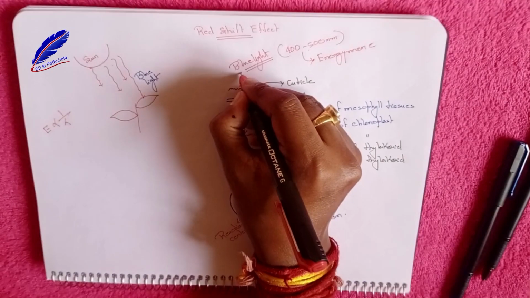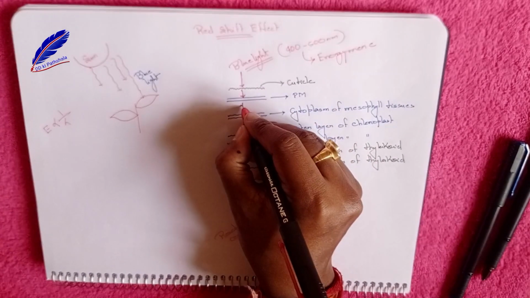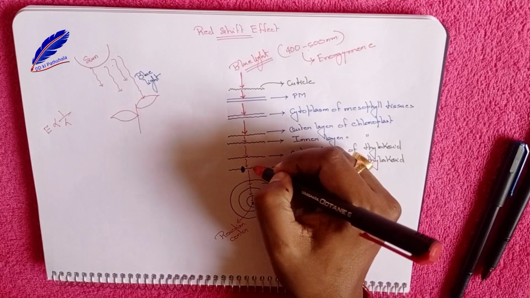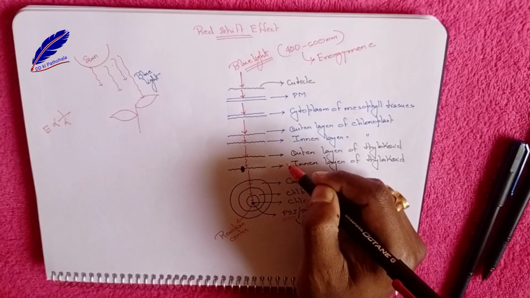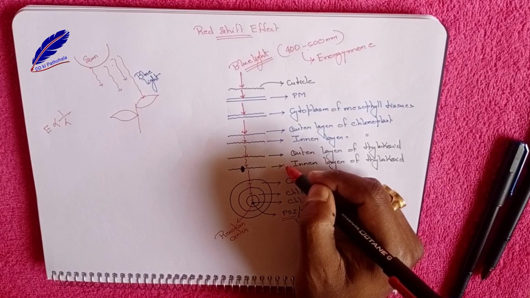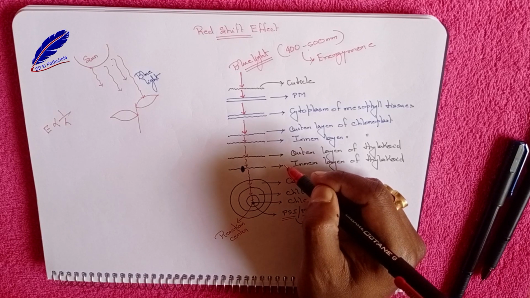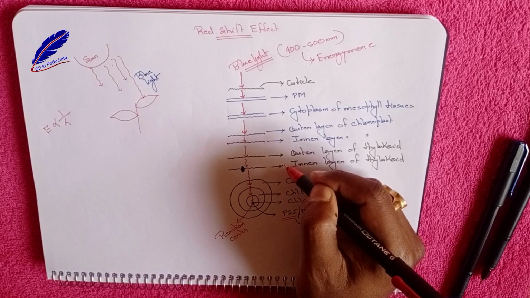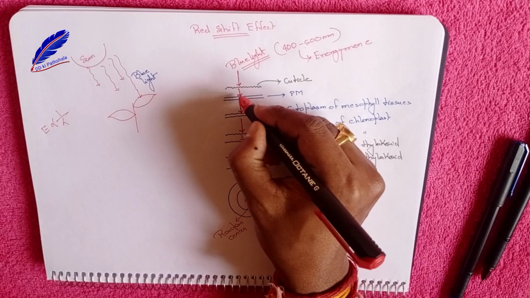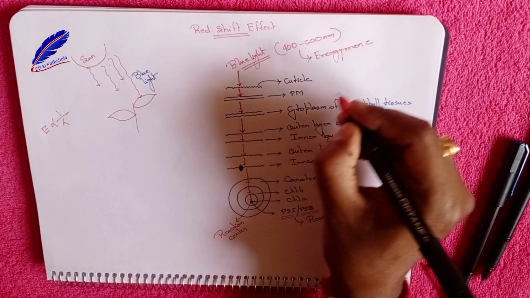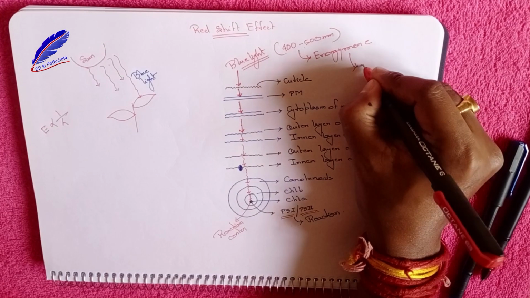While crossing different layers, energy will be utilized, because these are the hurdles that light has to cross. If anyone has to cross certain hurdles, there will definitely be utilization of energy. So if energy is being utilized to cross each and every layer, energy will decrease.